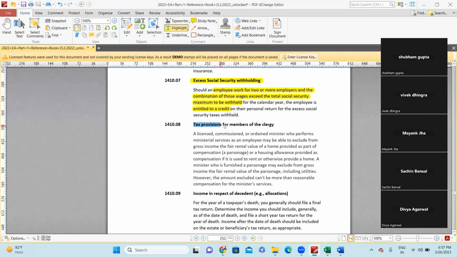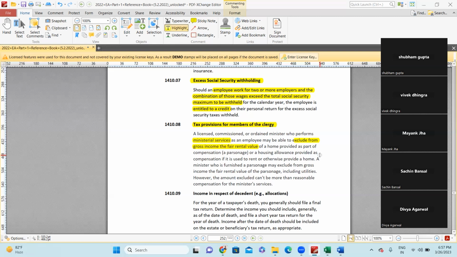So what does it mean? Tax provision for members of clergy: a licensed, commissioned, or ordained minister who performs ministerial services as an employee may be able to exclude from gross income the fair rental value of the home that is provided as part of compensation, or the housing allowance provided as compensation if it is used to rent or otherwise provide a home, right?